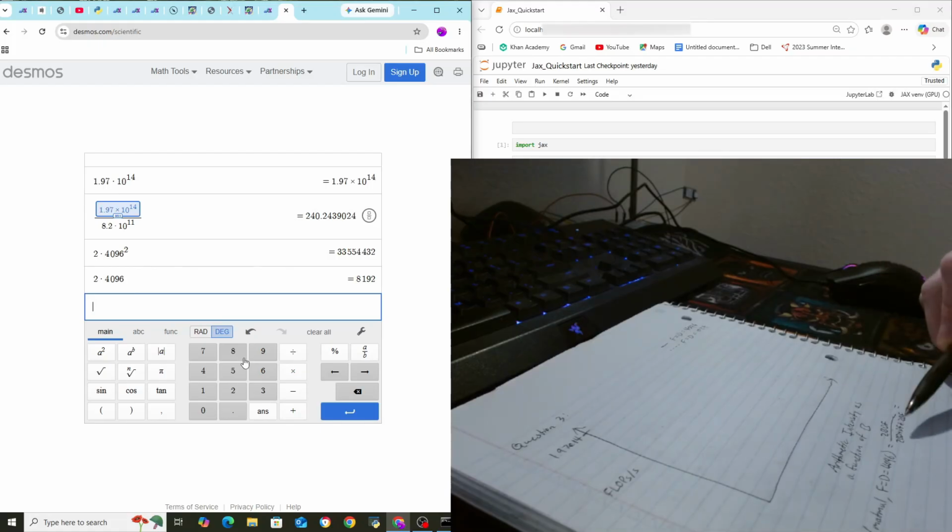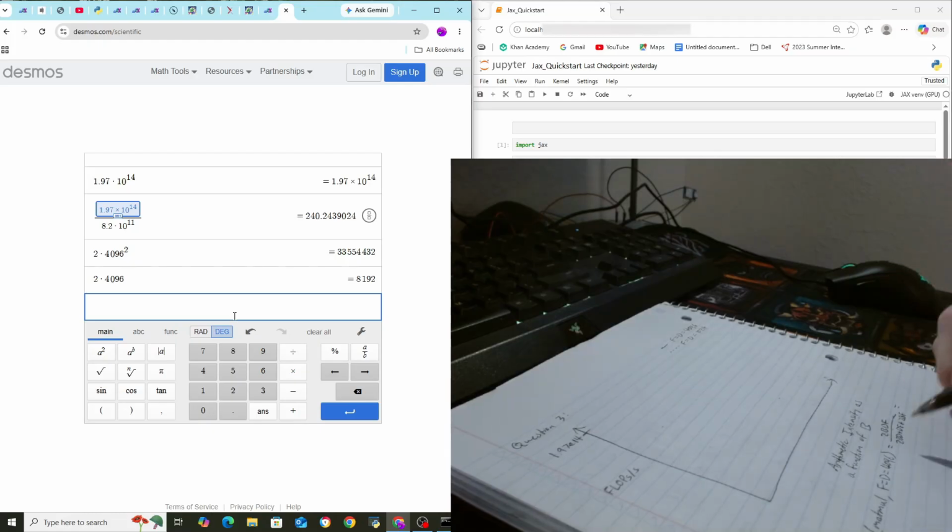And for DF, it's also 4096 squared. That's the same value, so we should really have 4 times 8192B.